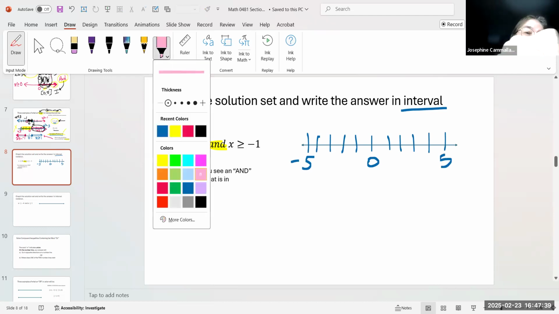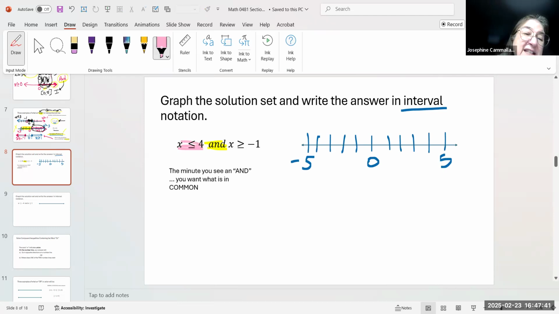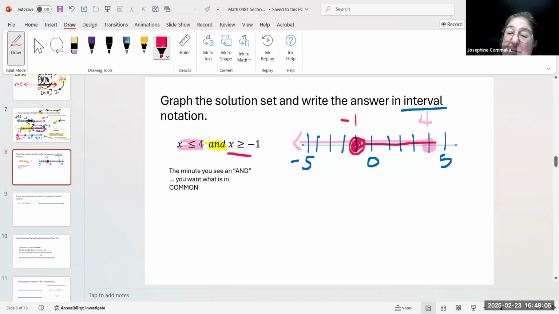Okay, I am going to draw this in pink, which means I have a closed circle at 4, and I'm going in this direction. Notice the arrow. Then I'm going to take and draw this in red. This is my -1, and I'm going in this direction.